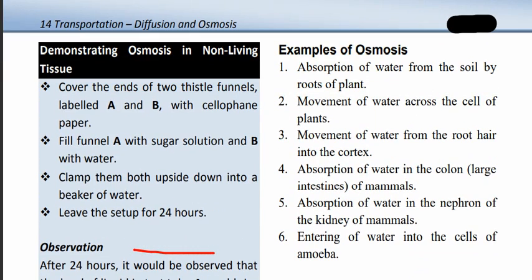Now, examples of osmosis. The first one is absorption of water from the soil by roots of plants. The next one is movement of water across the cells of plants. The next one, we have movement of water from the root hair into the cortex.